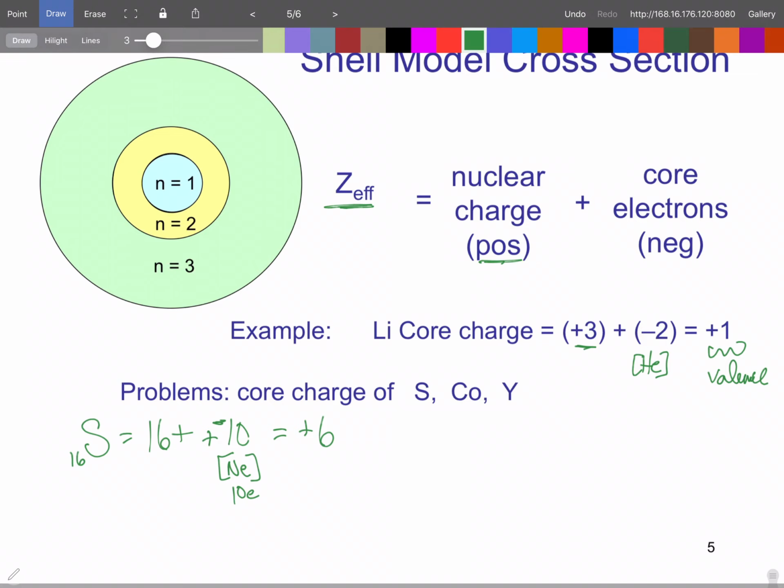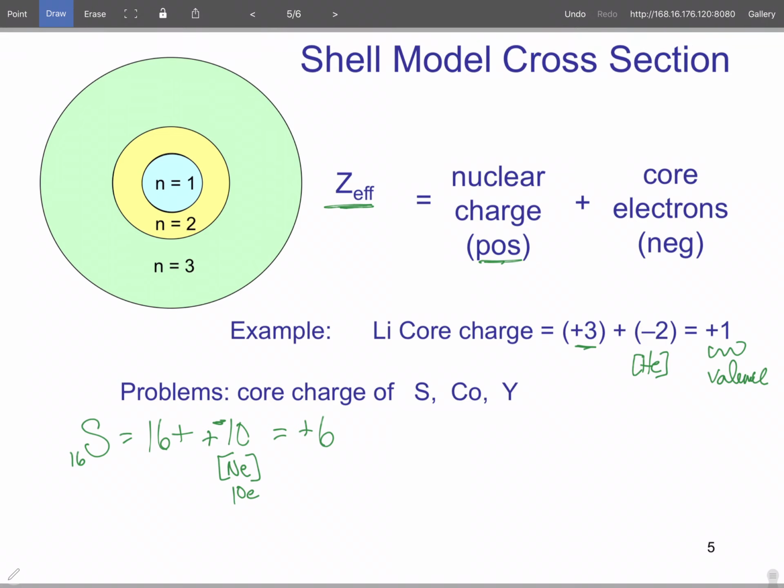Alright, so let's do another one. So here we go. We'll go ahead and do cobalt. Cobalt has an atomic number of 27. So that means it has 27 protons. So the nearest core to cobalt is the argon core, and the argon has 18 electrons. So that means 27 minus 18. And the kind of day I'm having, I'm going to actually use a calculator because it's one of those days. Okay, so you're going to have a 9 plus charge.